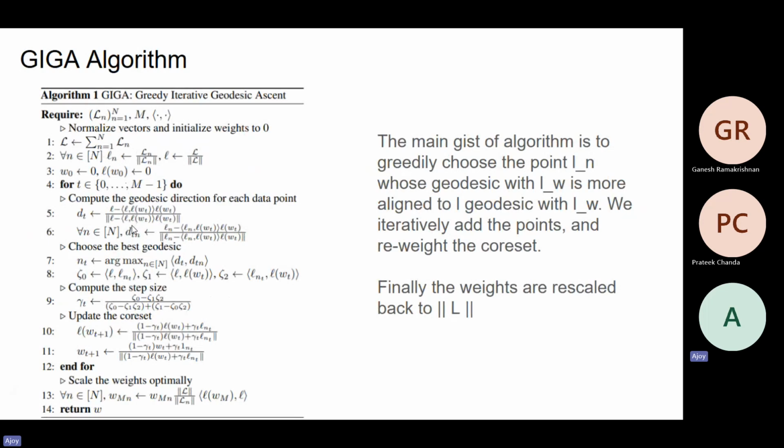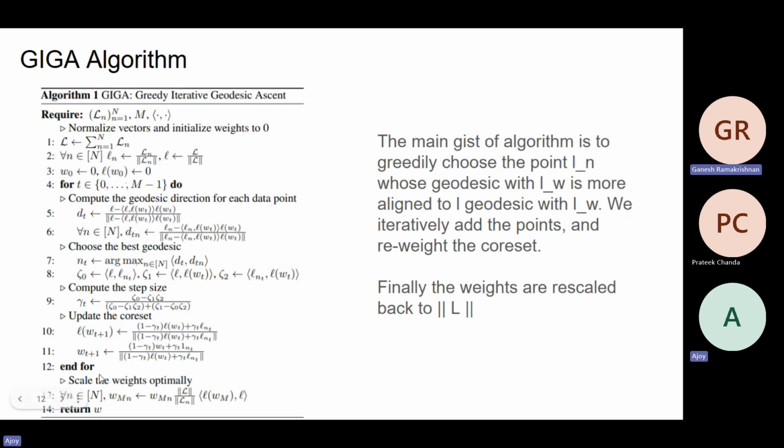Then we choose the best point, the one in which LN aligns with L, perform the line search method, and finally update the weights of this core set, and update the core set to iteratively find the other points in it.